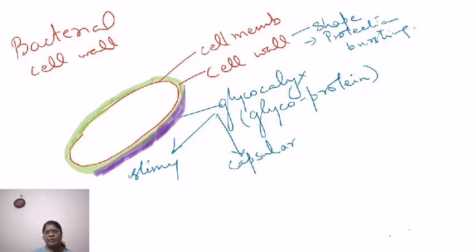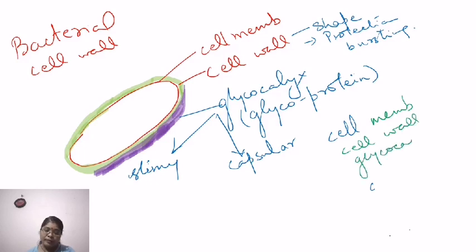Some bacteria have a slimy layer, and it gives them different properties, such as pathogenicity. These three layers, your cell membrane, cell wall, and glycocalyx layer, together make up the cell envelope in the bacterial cell.